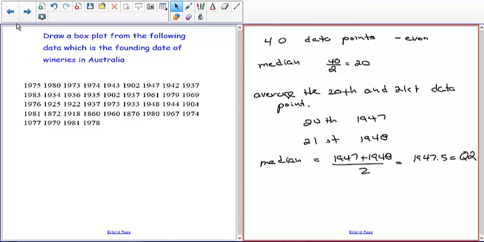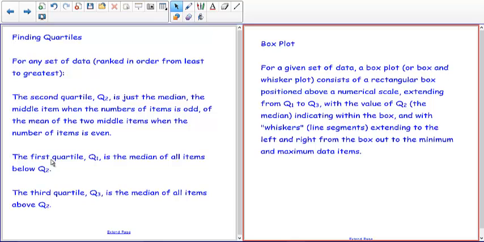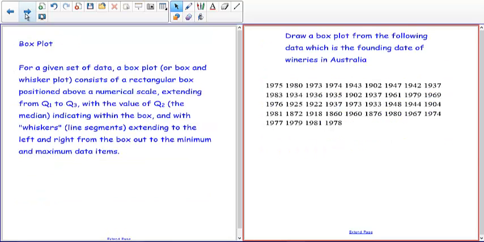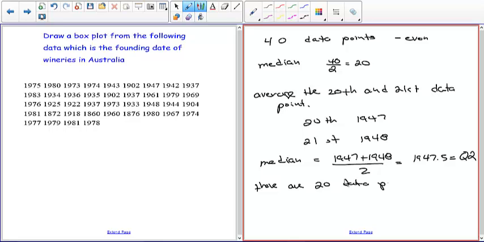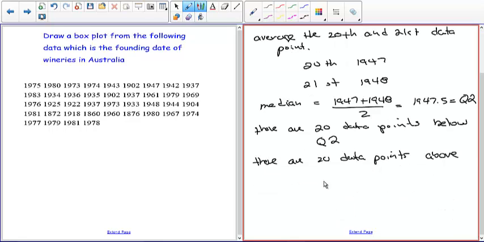So it says, what does it say here? It says the first quartile is the median of all items below the second quartile. So for our case, there are 20 data points below Q2, and there are 20 data points above Q2.